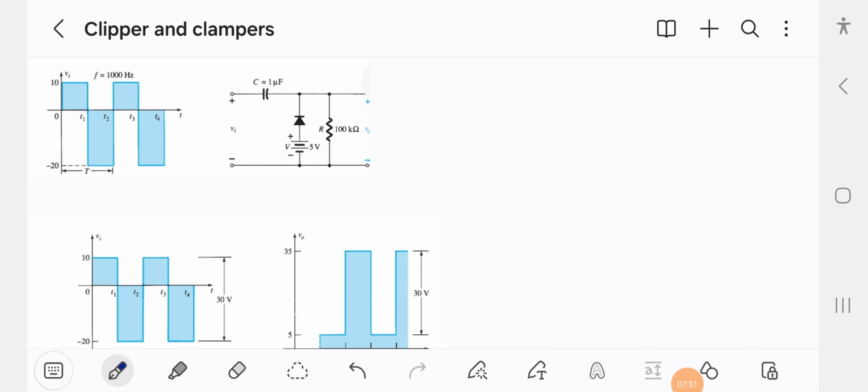For example, this is the input voltage and we convert it to this DC level, but the complete swing remains the same. For example, if we have a swing of 30 volt, for the output signal the swing remains 30 volt.